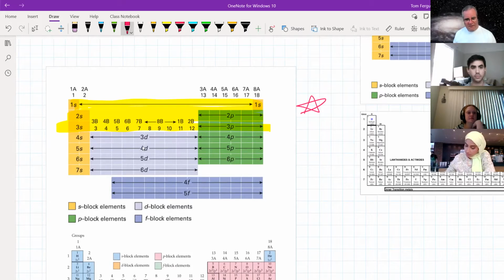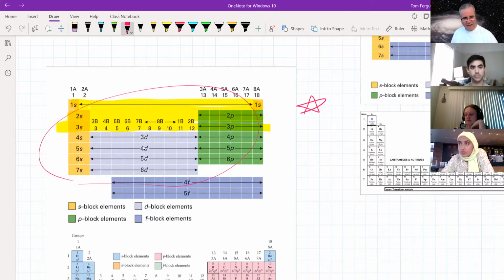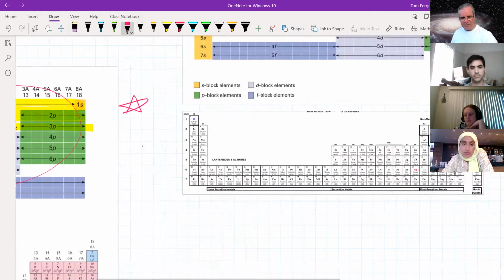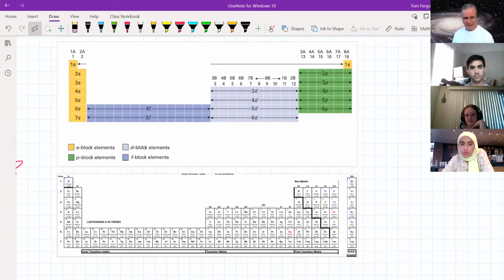Now, one of the things we've looked at is this periodic table here, and it's kind of goofy the way these F block electron elements are down here. Well, the reason they're down there is because the original periodic table looked like this.